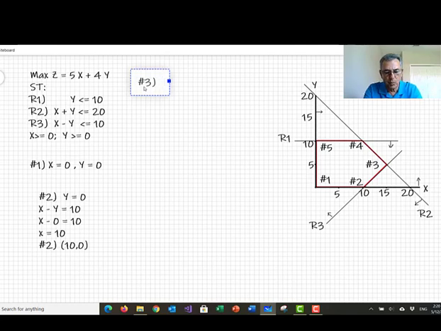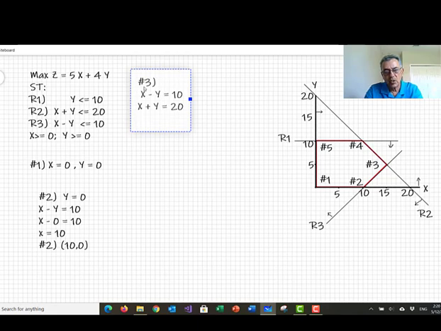R3 is x minus y equal to 10, and R2 is x plus y equal to 20. In this case, we are going to solve for one of the variables, substitute into the equation, and then find the other one.